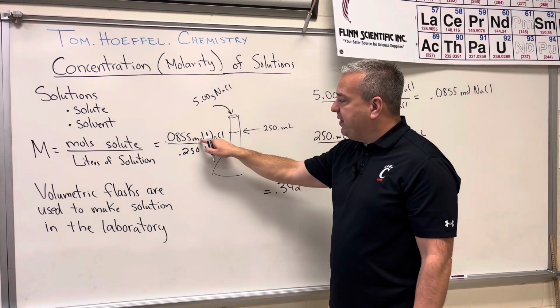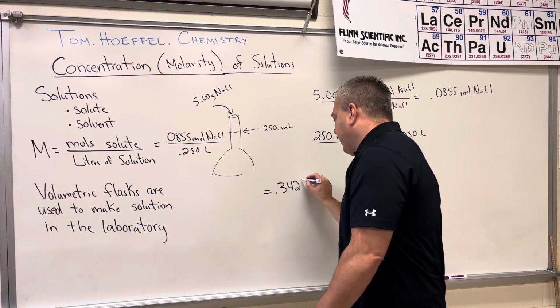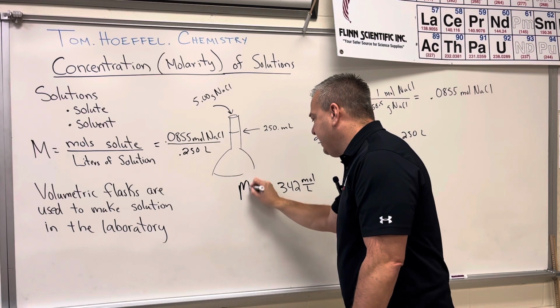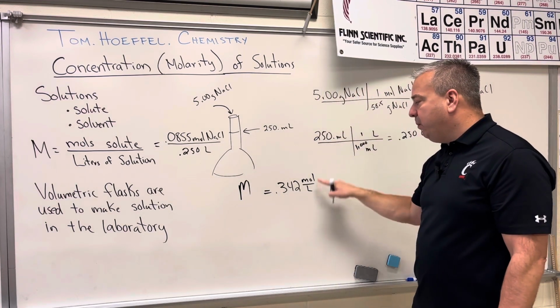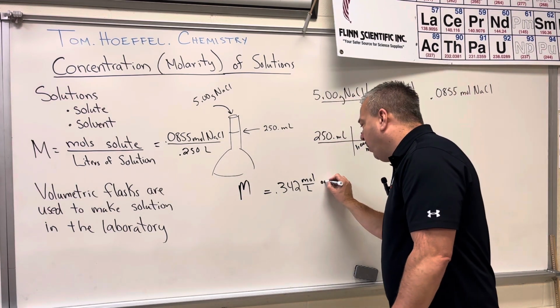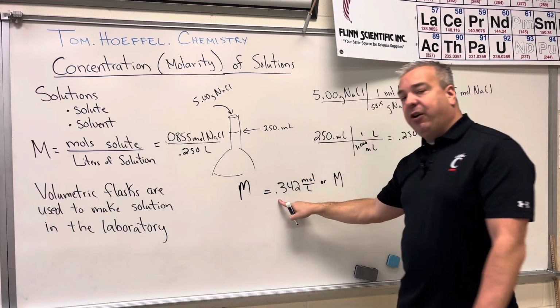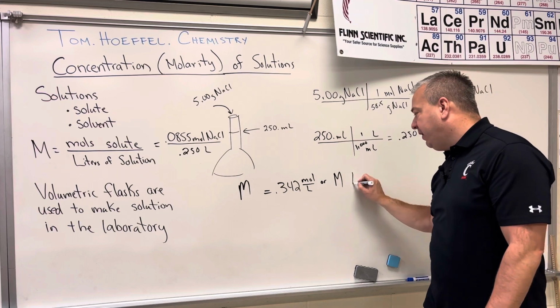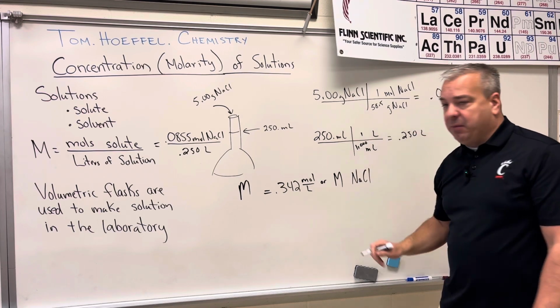Now the units on this are going to be moles per liter. They don't cancel out. So the molarity is equal to 0.342 moles per liter, or what we call big M. We would call this a 0.342 molar solution of sodium chloride.